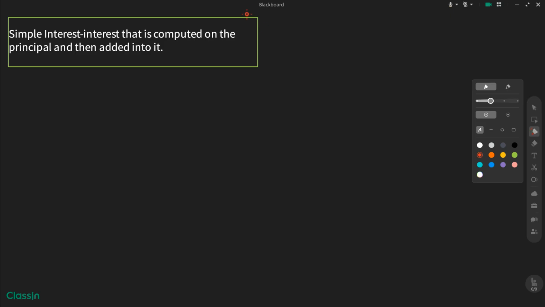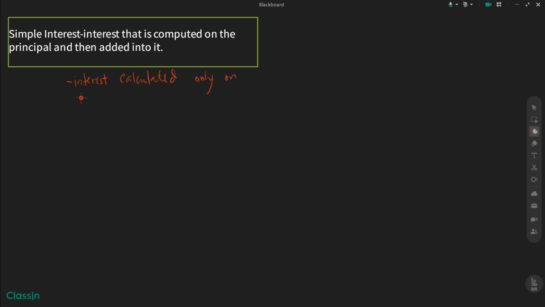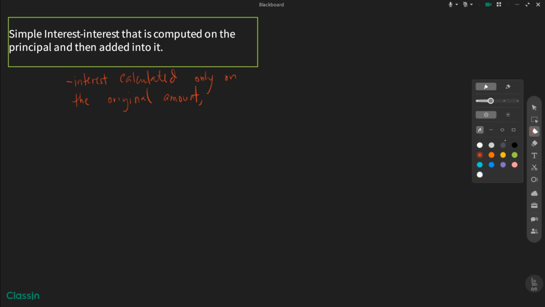Again, interest only on the original amount, which is called principal.